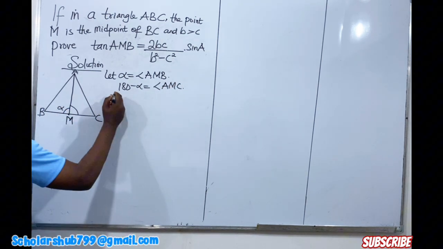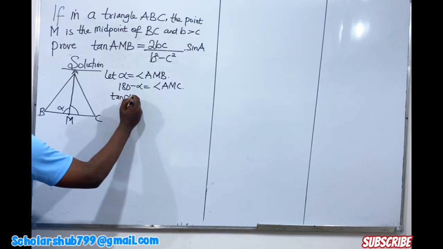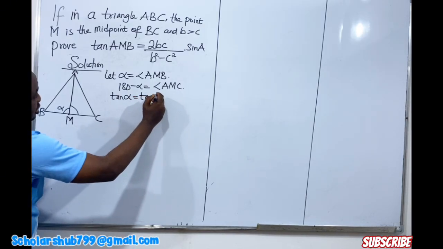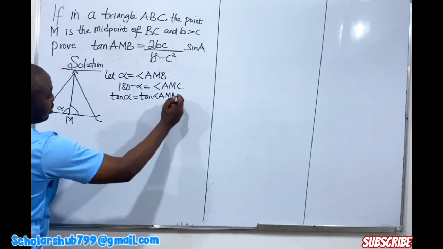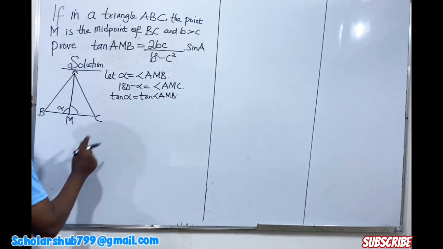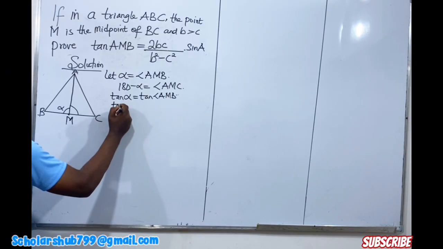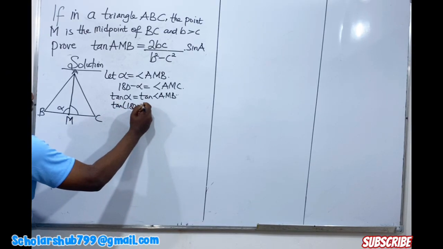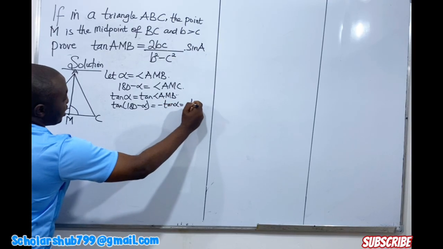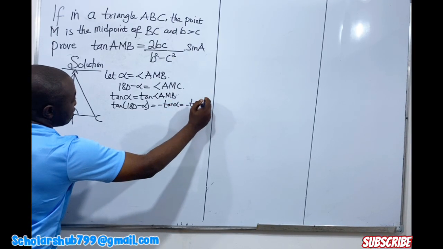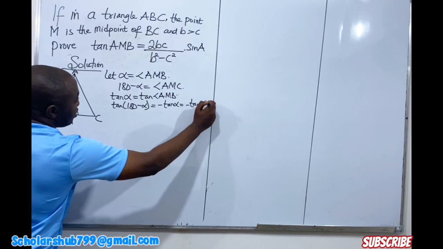Which means tan alpha is the same as tan AMB, and we know that tan of 180 degrees minus alpha is the same thing as negative tan alpha. So that will be negative tan AMB.